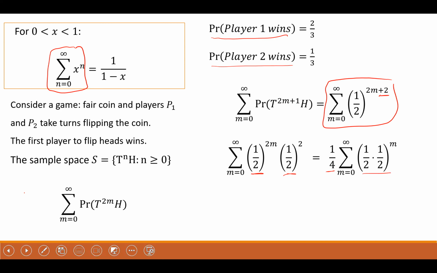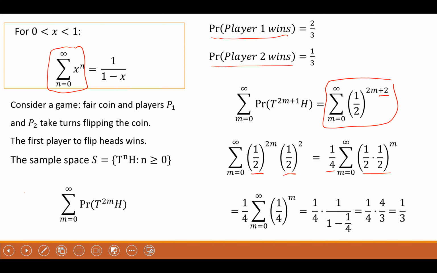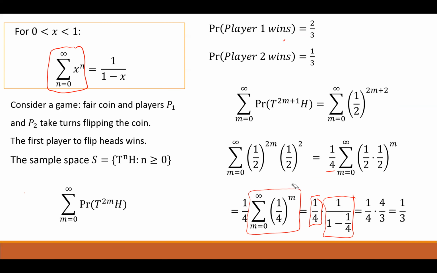We can group those halves together, so they are 1/4 to the m. And then I can plug in my closed form here and multiply that times 1/4. And I get 1/4 times 4/3 or 1/3. So I didn't have to do that, but for this nice simple example, it's at least good to do it at least once to verify that this all works. So yeah.